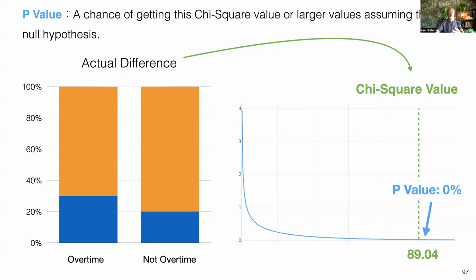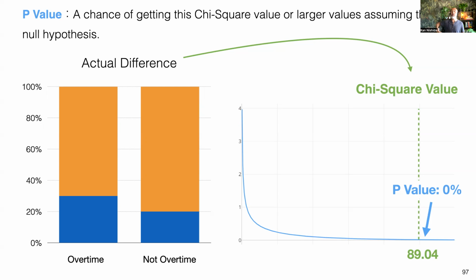And what is the chance of getting this chi-square value if we accept the null hypothesis, meaning there's no difference between overtime and not overtime? Based on this assumption, we can draw this kind of probability distribution, the chi-square distribution. But we got this chi-square value from this data. What is the chance of getting a value like this, precisely this particular value or larger?